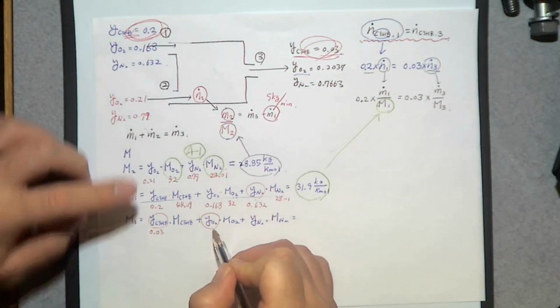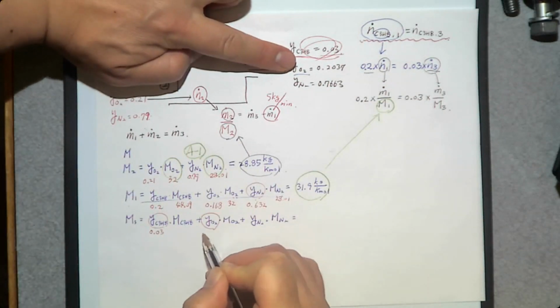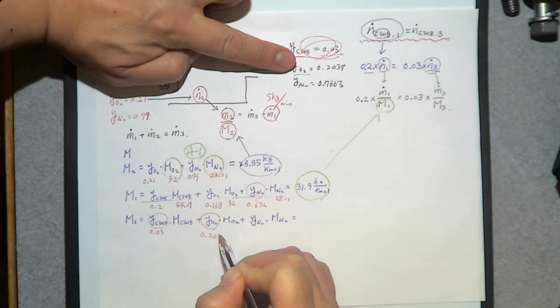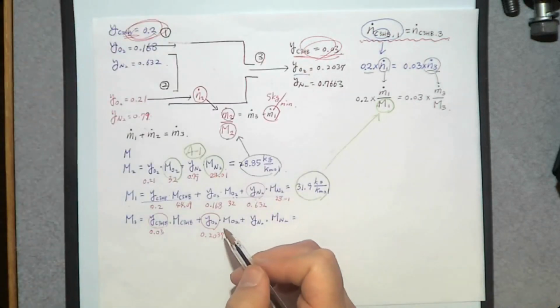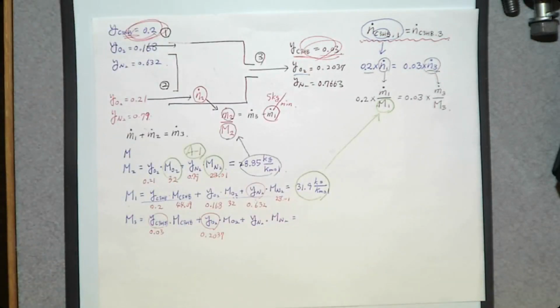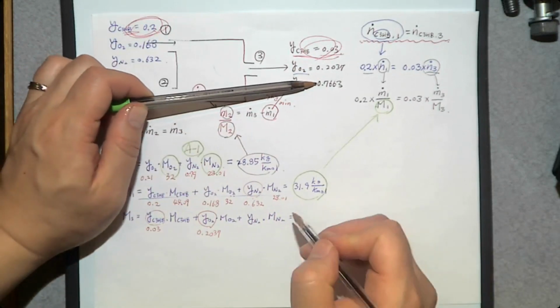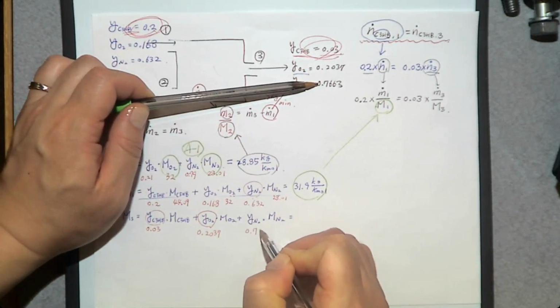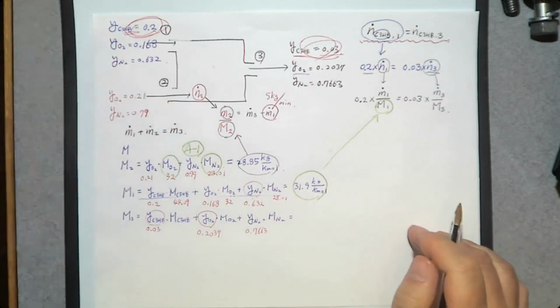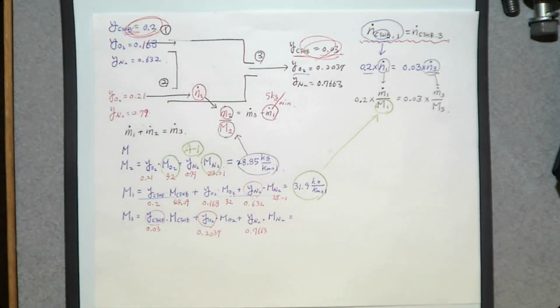The mole fraction of oxygen is going to be 0.2037. The mole fraction of nitrogen is going to be here, 0.7663. Then the molecular weight of propane, oxygen, nitrogen, we can find from the previous equation.